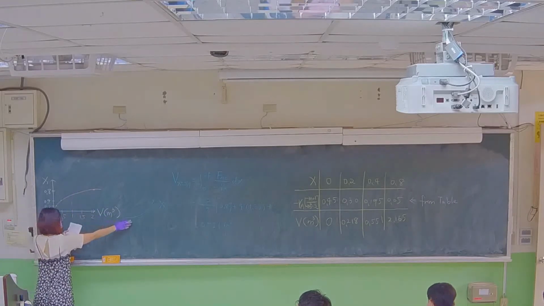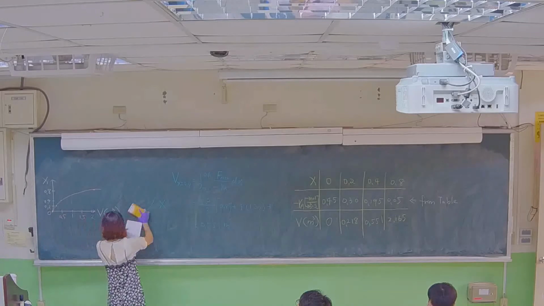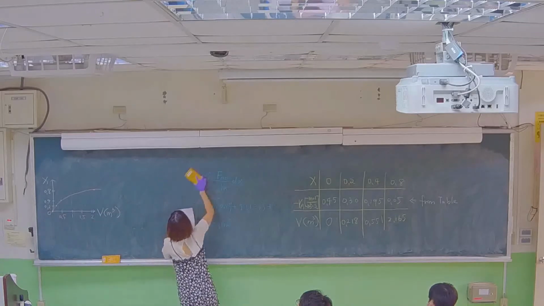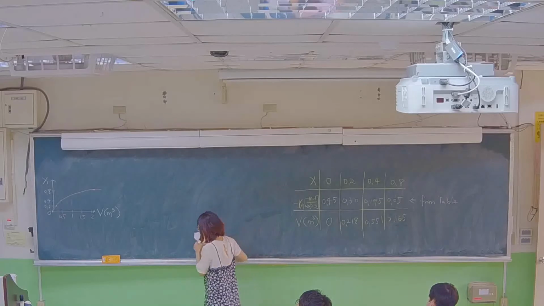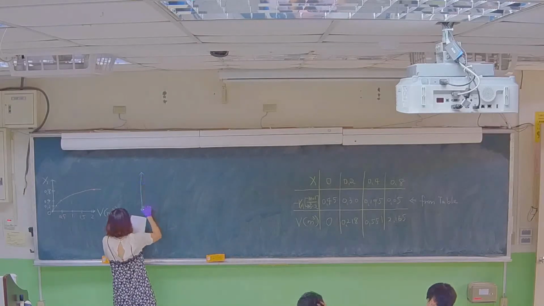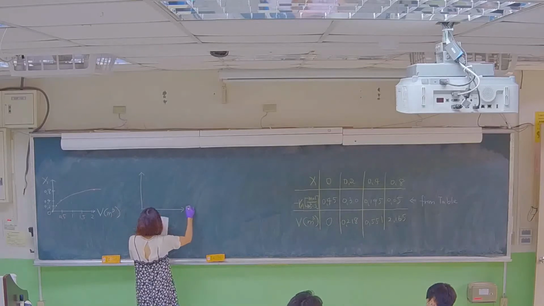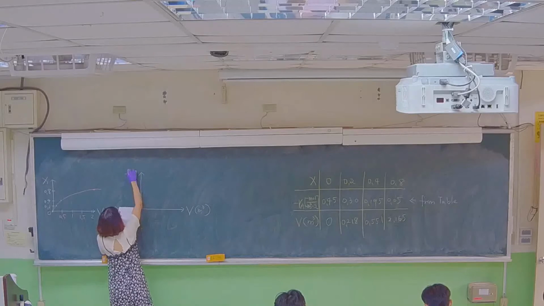So this curve is wrong, this curve is correct. And also this point is important. How about another figure? Another figure is for volume versus reaction rate. Reaction rate, right?